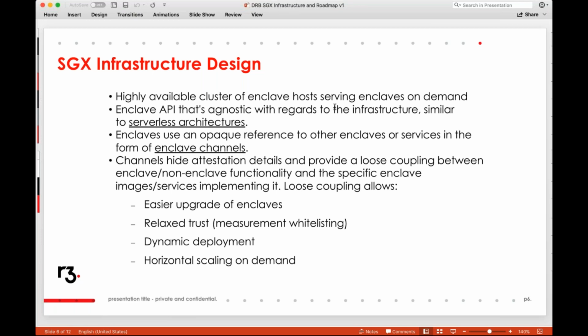So this allows us to upgrade enclaves more dynamically. This allows us to have a more relaxed version of trust. If you do everything naively, during remote attestation, a client who's challenging the enclave would have to check a very specific hash of the enclave image to ensure that the remote side is running the enclave that it's supposed to.